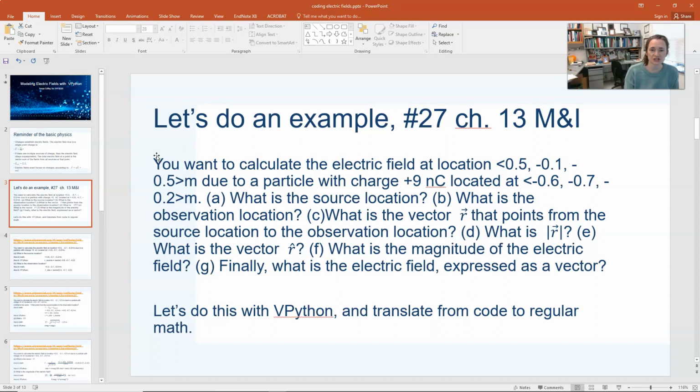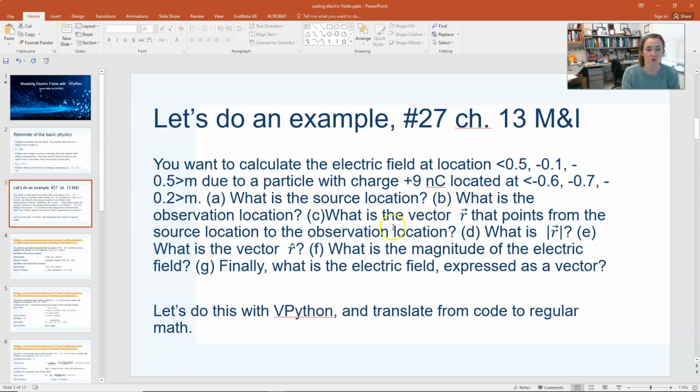The question takes you through exactly how to calculate the electric field. It walks you through the process, and we're going to walk through it both in an analytical, handwritten way and with VPython, and do a side-by-side comparison. Part A says, what's the source location?